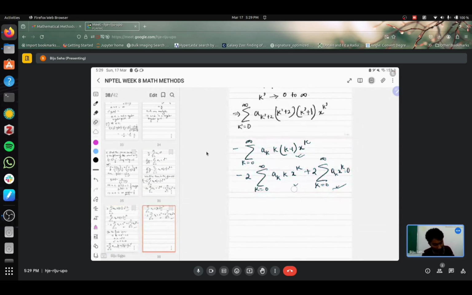So I can easily replace this k prime, which is just a dummy variable here, with k.